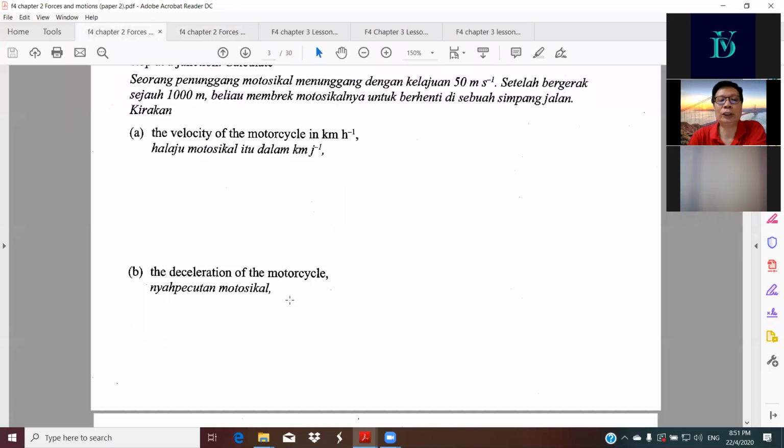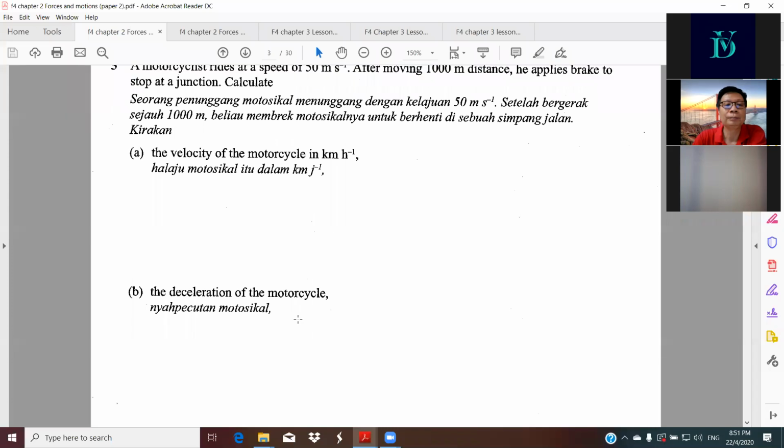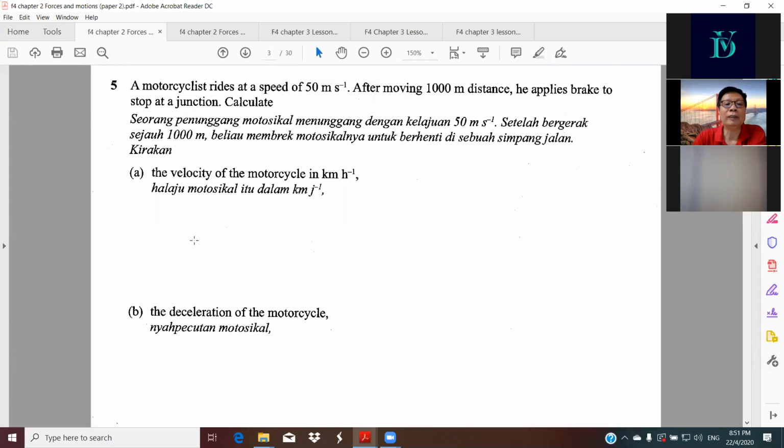Okay, next part of the question: find the deceleration of the motorcycle. Deceleration means find the a here. Based on the information here, what formula do you want to use? Speed 50, displacement 1000, apply brake to stop, final velocity 0.